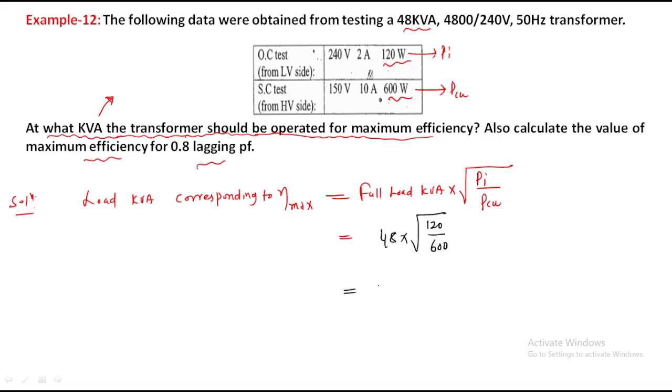What is the answer? 48 into 1 by root 5, which equals 21.467 kVA.